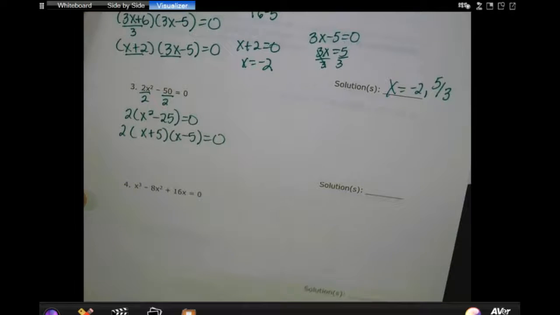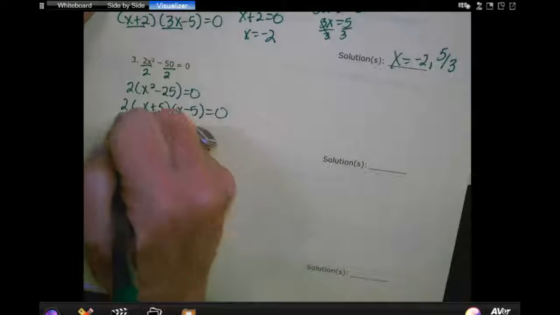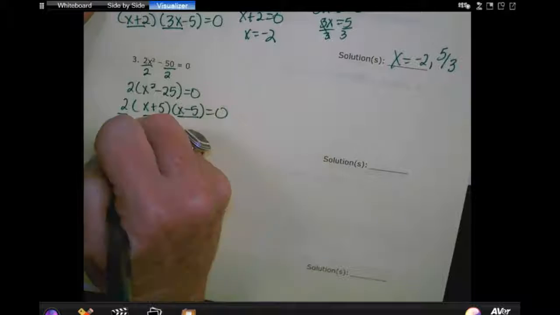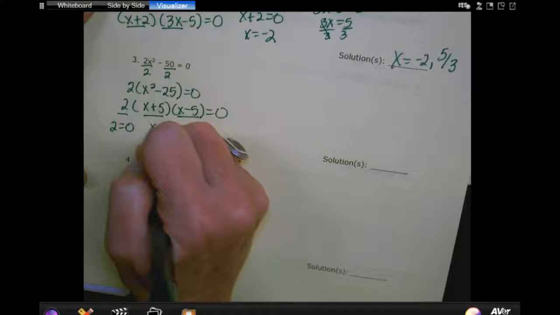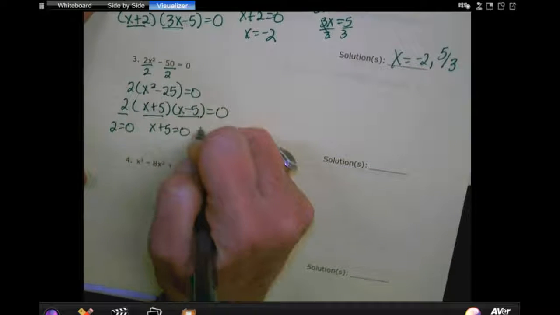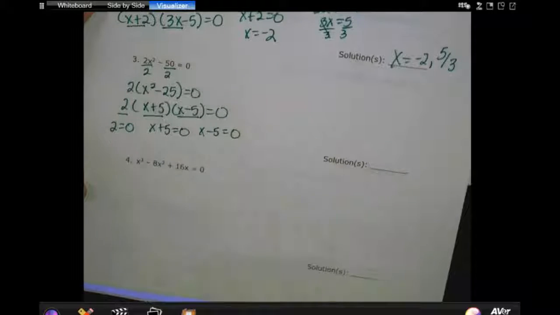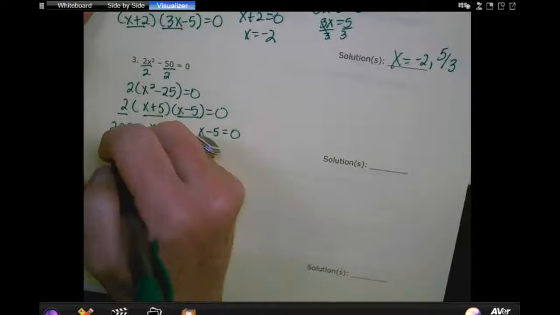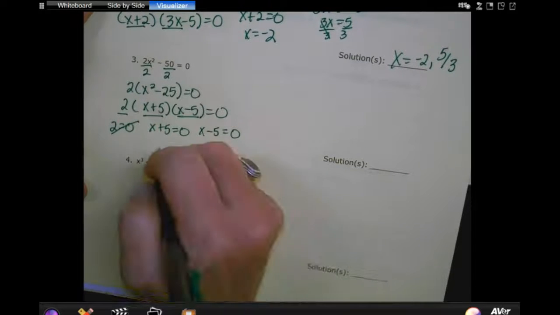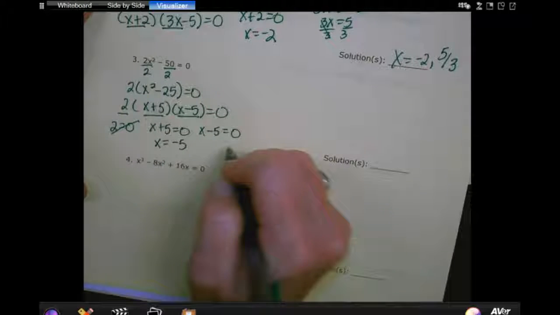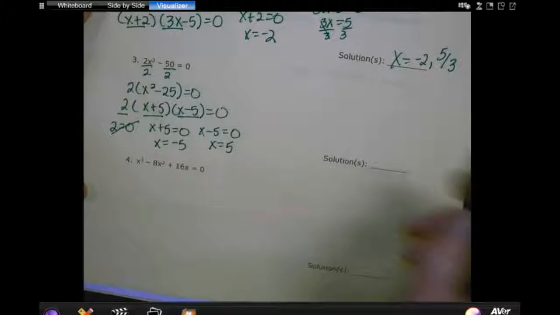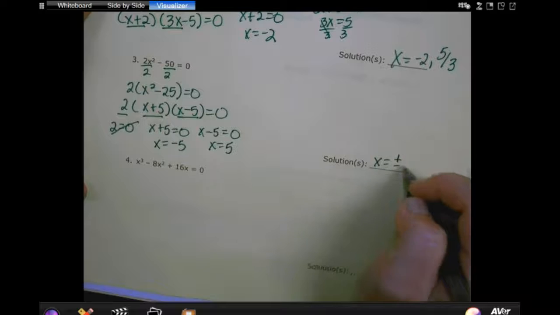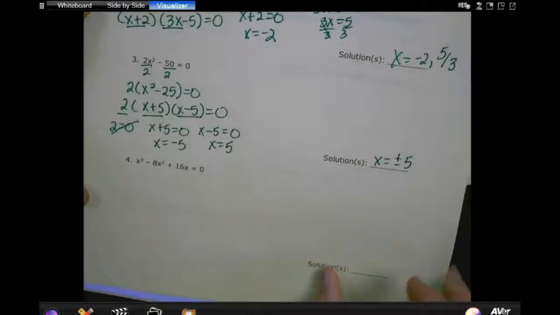And this time, I have this, this, and this. So I'm going to set all of them equal to 0. So the 2 equals 0, is there a variable there? So I don't have to do that one. But then I do have to do this one and this one. So you get plus and minus 5.